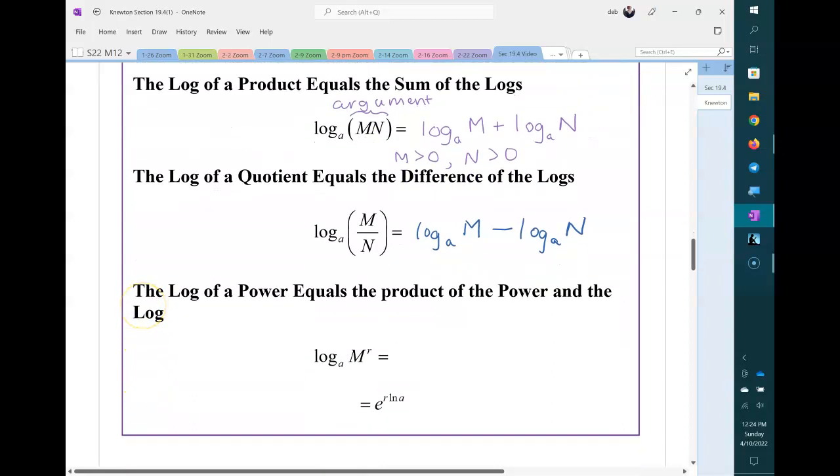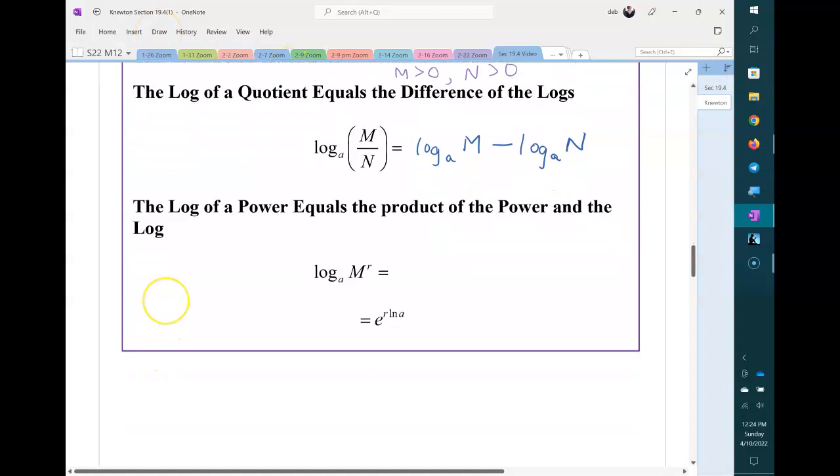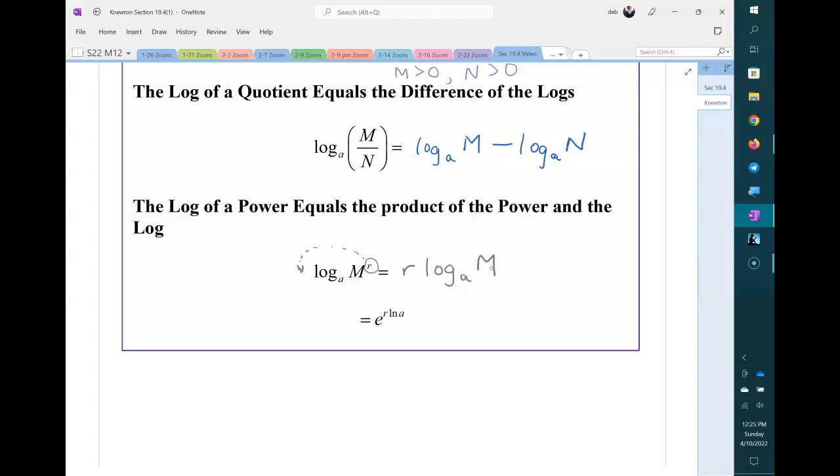Okay, then we have one more: the log of a power equals the product of the power and the log. So this property says this exponent can come down in front of this expression and become a multiplier, where it's on the same line as the log and full size, not a superscript that's above the line and small.